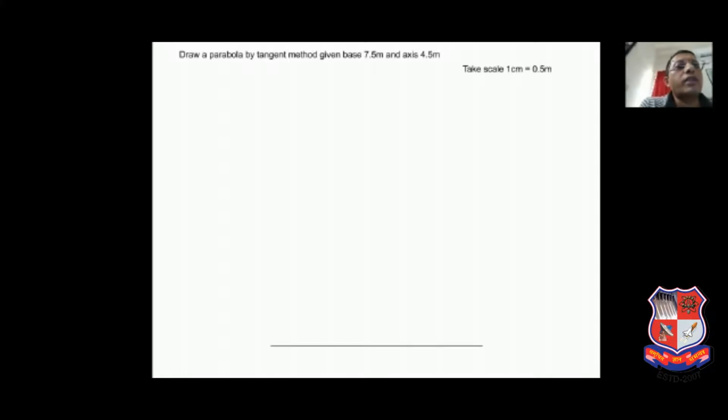So first of all we consider suitable scale, that is 1 centimeter is equal to 0.5 meter. So by taking this scale we draw a horizontal line of 7.5 meter and we mention the names on these lines A and B. So this is our baseline 7.5 meter.